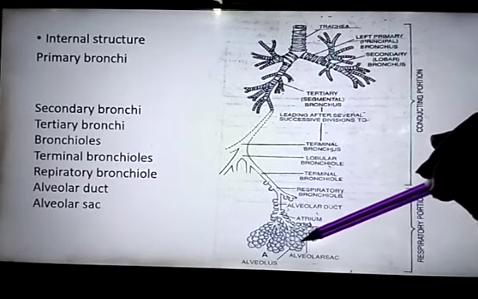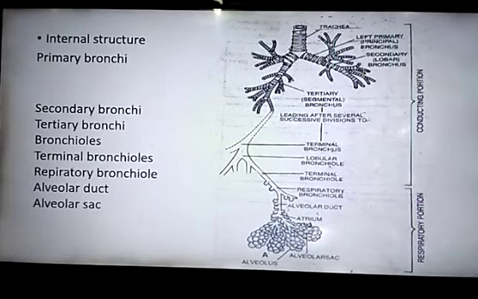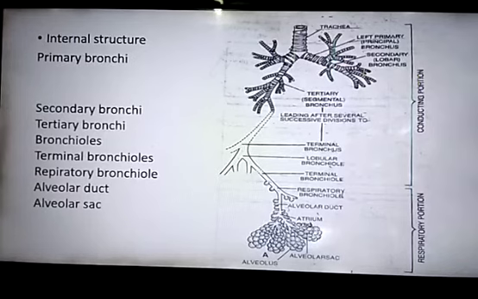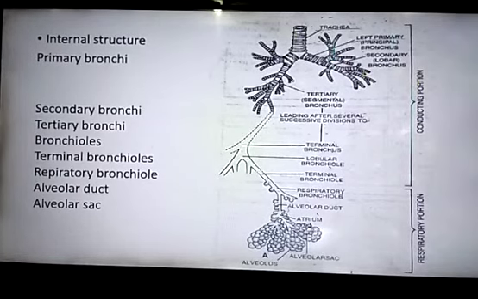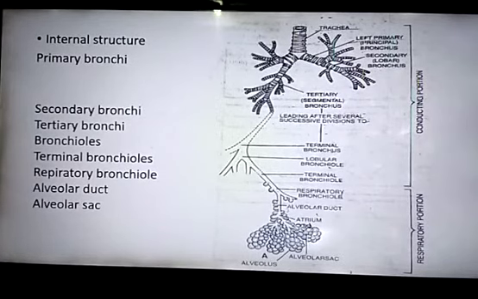Now, as you have studied in class 10th also, the alveoli have very thin walls and an extensive network of blood capillaries, due to which exchange of gases takes place easily. Thus, each alveolus may be called a miniature lung, where exchange of gases takes place.